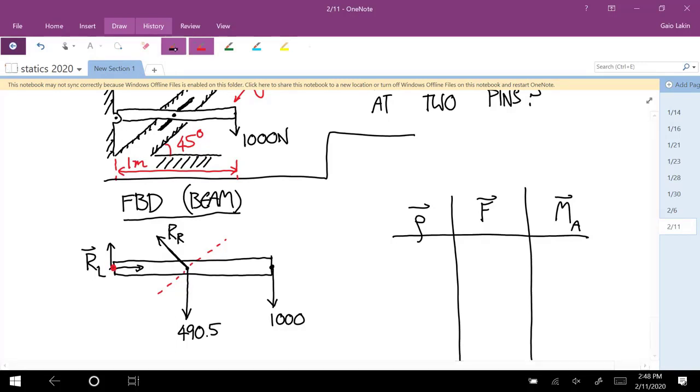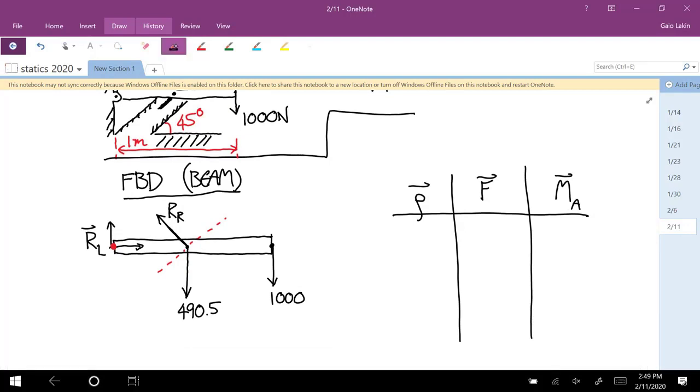Why would you choose that one? Do you have a strategy? Kind of. It really doesn't matter that much, but sometimes if you put the about point at the place where you have the most unknown force components, it'll uncouple the system of equations, and you can solve it equation by equation instead of solving it as a system.